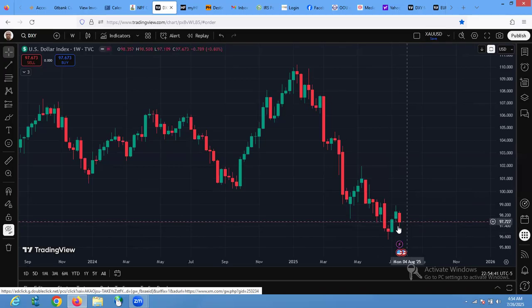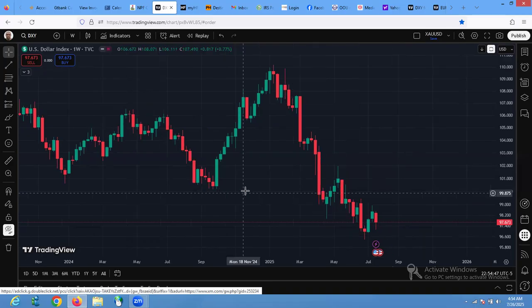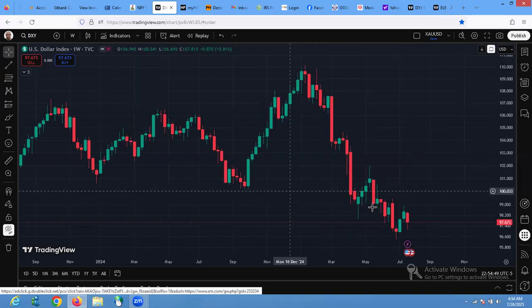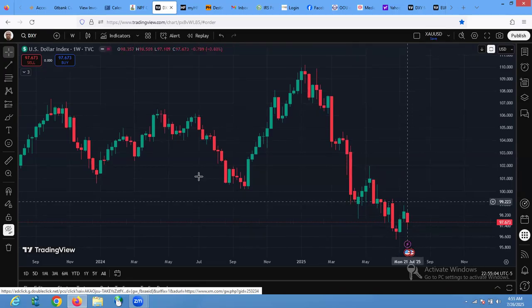But we're going to see the inside of it and see what we are doing at the moment. But a break out of here, out of 98.9, let's say 99, tells me that there's a change of trend. But for now, this is where we have our resistance, weekly resistance.